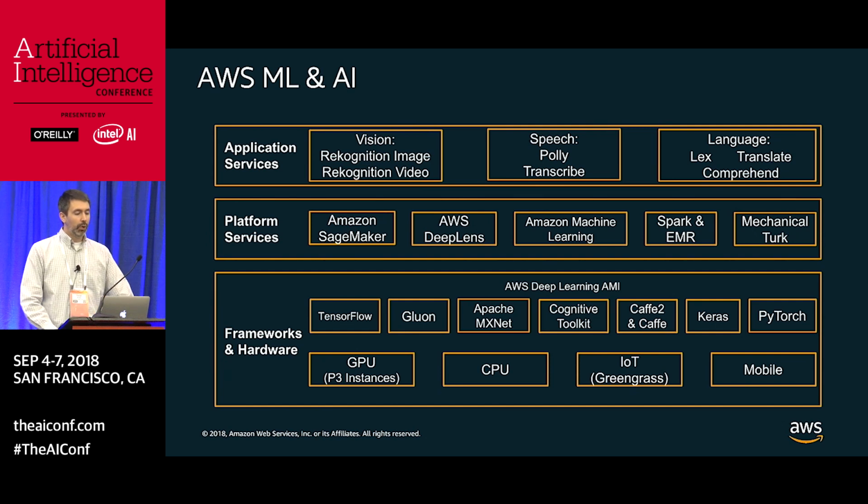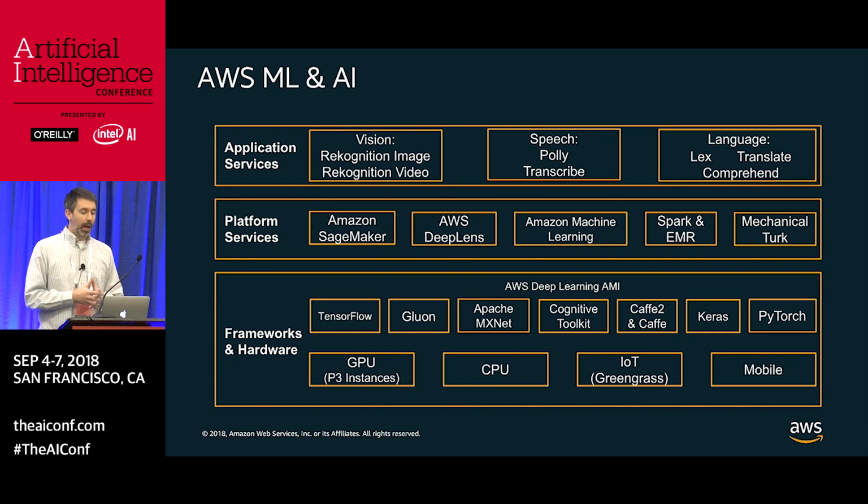Their main goal is to go very deep in a specific domain area and provide pre-trained models so that all you have to do is bring your data and use a very simple API interface to get back machine learning predictions. And so it's the easiest way to integrate machine learning into your application if you need something within that domain.